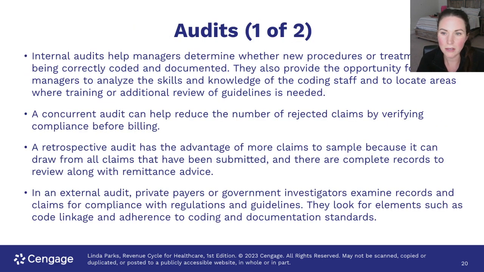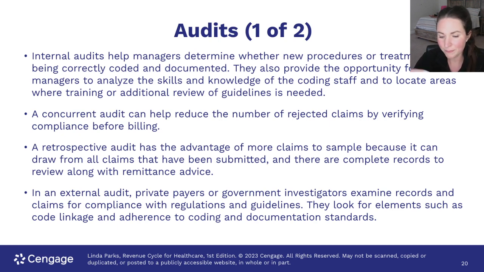Okay, the compliance officer in a facility will be regularly monitoring the coding and billing cycle to make sure everyone's following the policies and procedures. They'll periodically do internal audits to make sure any new procedures or treatments are being coded correctly. Concurrent audits are just verifying this billing compliance before submitting the claim.